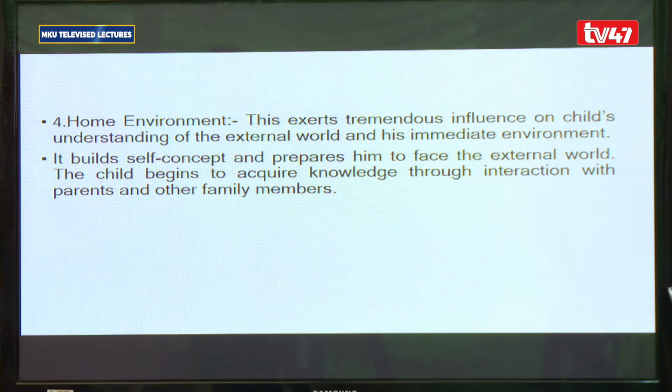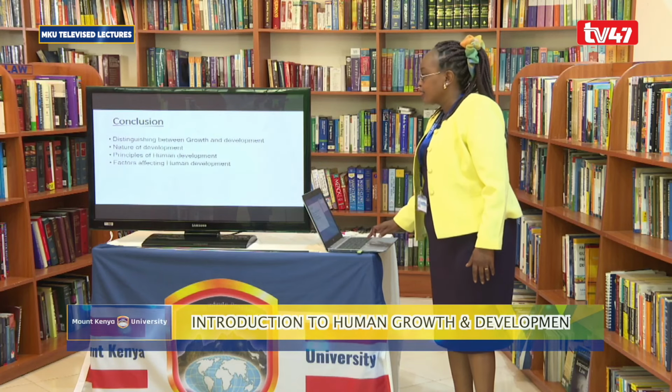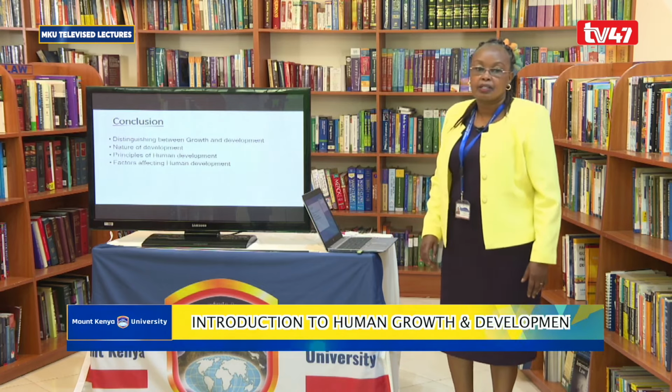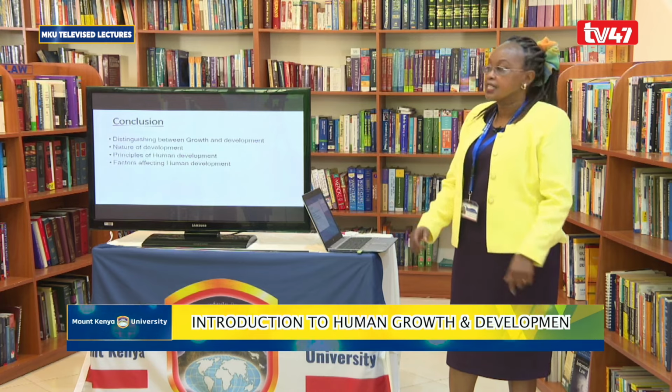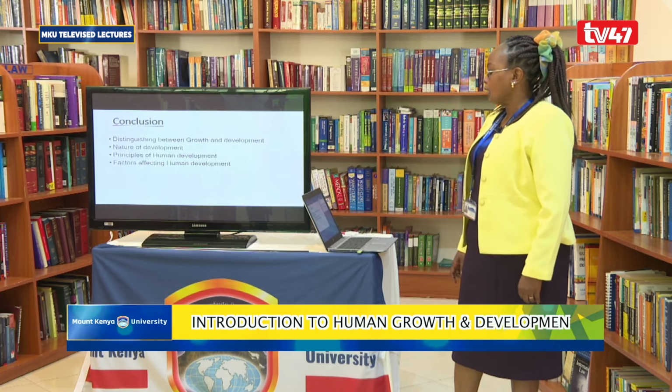If that home environment is good or favorable, it is supposed to build the self-concept of the child and prepare him or her to interact effectively with the external world. But if the home environment is not okay, that will help us to explain why some children don't have a positive self-concept.